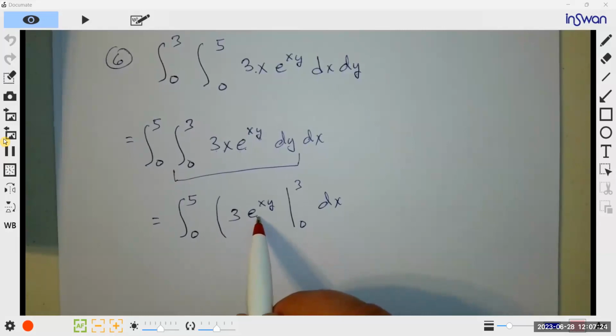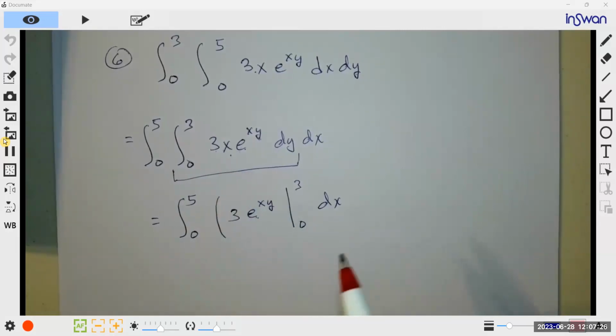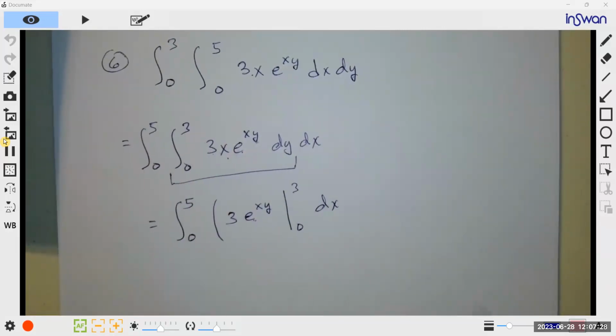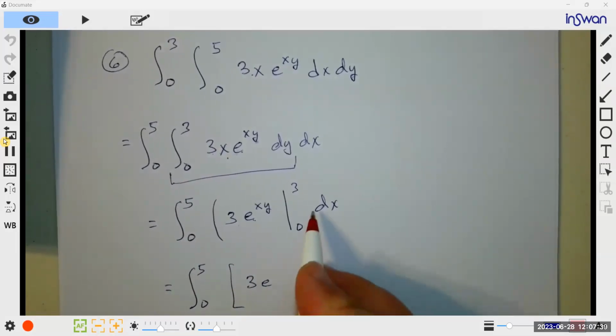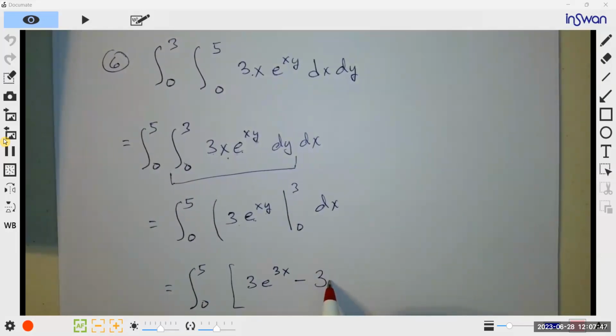Remember, this derivative has to equal that, and it does. That's why we can use Fubini's rule there. So we go from 0 to 5. This is with respect to y first, so it's 3 e to the 5x minus 3 e to the 0.